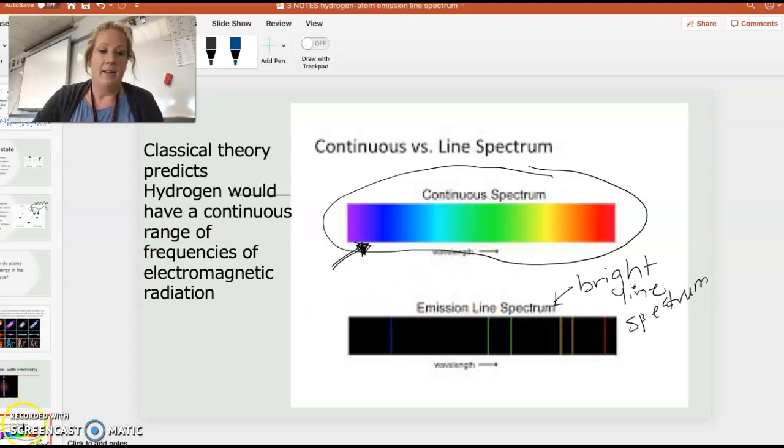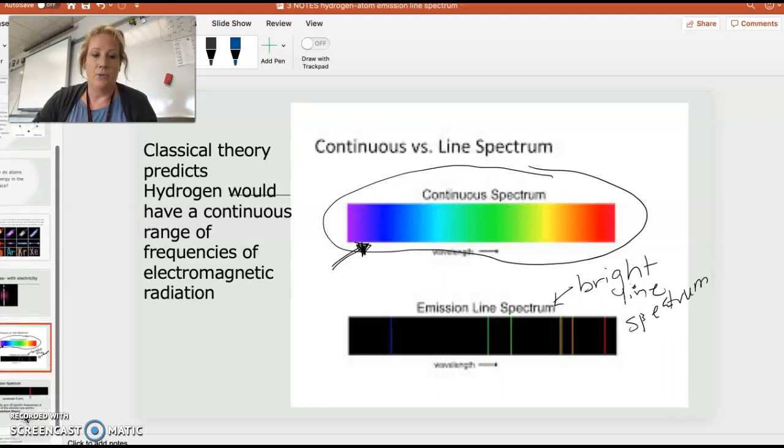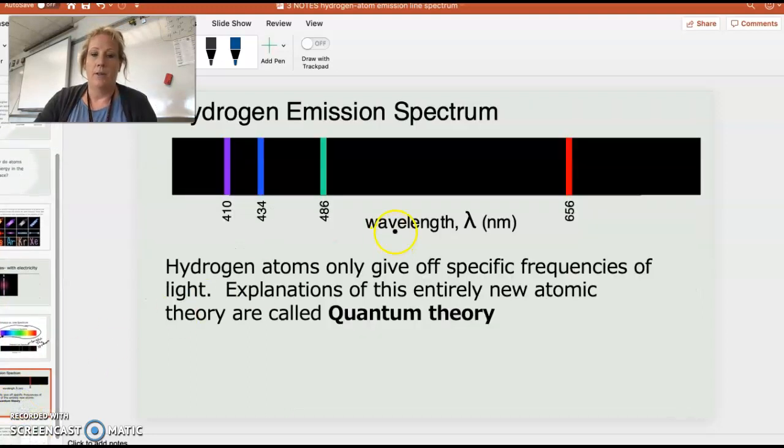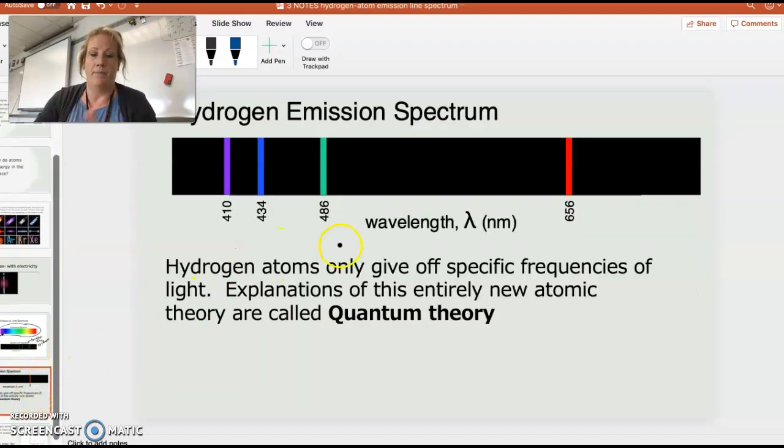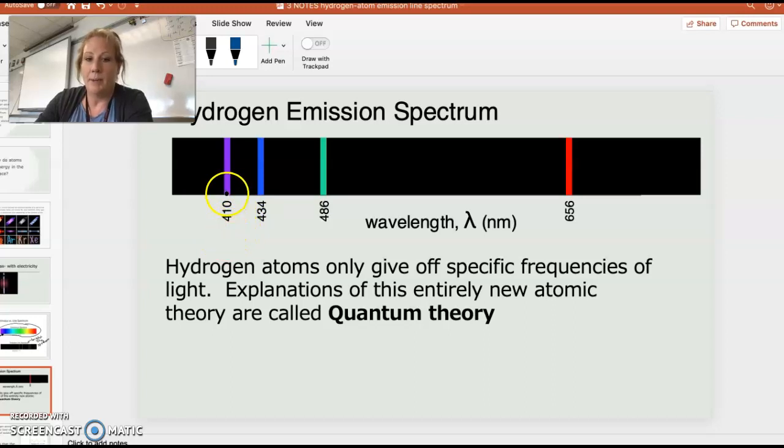And that is going to lead us to the quantum theory or the quantum model of the atom, which is that there's only certain energy amounts which correspond to certain frequencies that can be seen because the electron is only able to change.